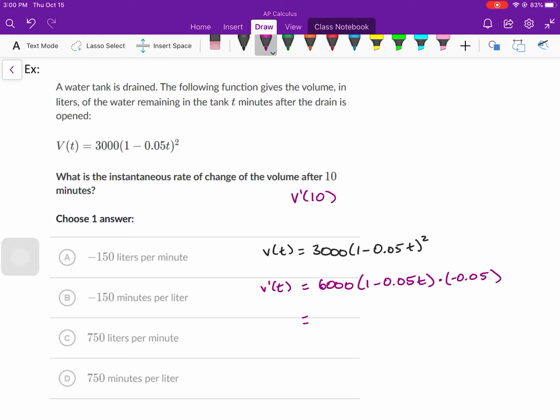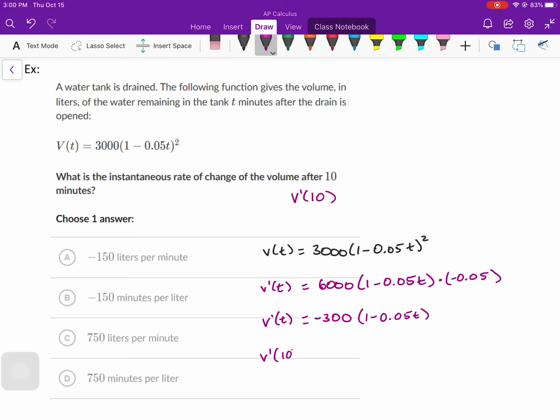Okay, 1/20th would be 0.05, so a 20th of 6,000 would be 300, I believe. Makes sense, because think about it, half of 6,000 is 3,000, and a tenth of that would be 300.